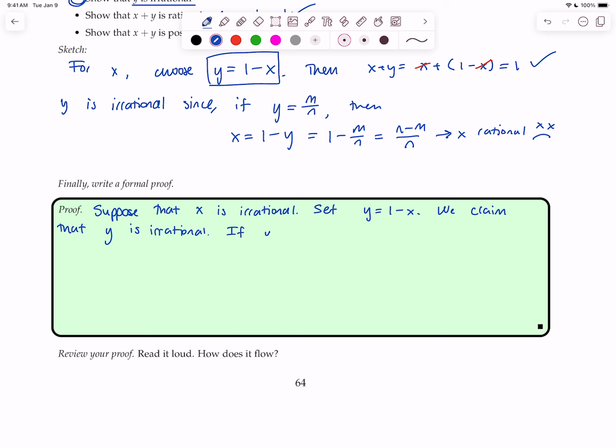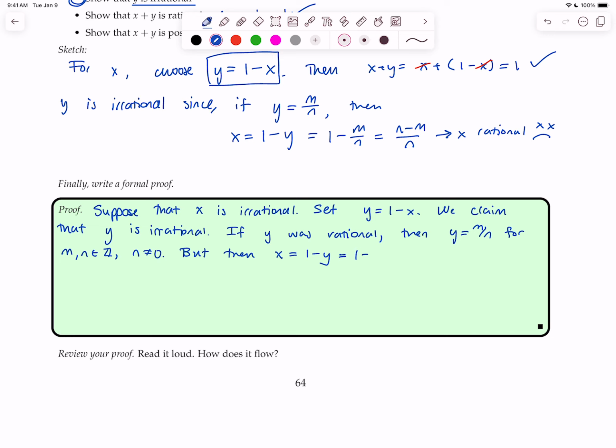If y was not irrational, that is, if y was rational, then y equals m over n for integers m and n with n not equal to 0. But then there's an issue with the scratch work we did above. We know that x is equal to 1 minus y, rearranging this equation up here.